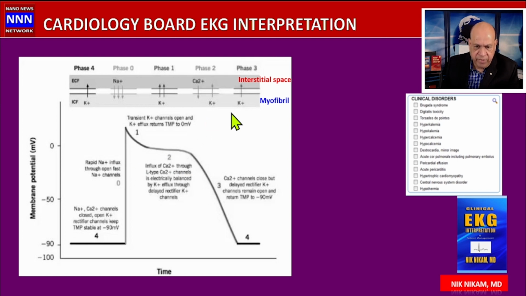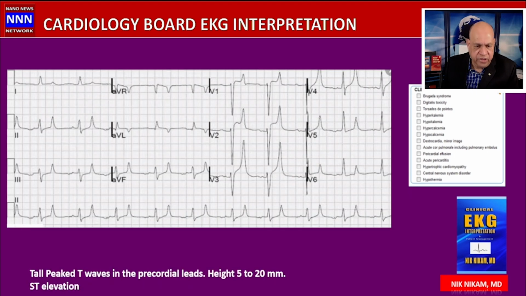So let's keep that in mind. And this is the myocardial cell or the myofibril, the individual cells. Then here we have the interstitial space where this exchange of ions happens during each cardiac depolarization. And this is a resting membrane potential again. So let's keep this in mind so it helps us to understand better why we see certain changes.